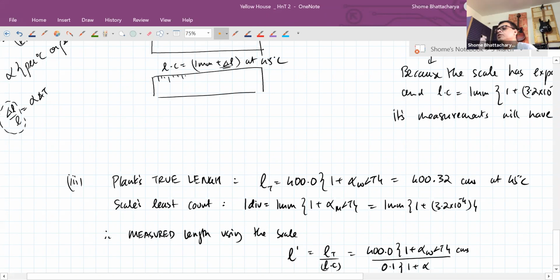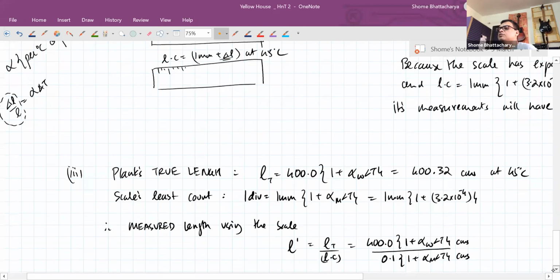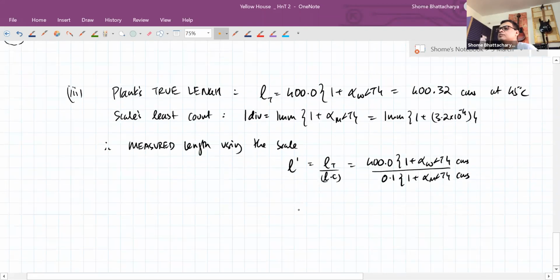So I'm making it 0.1. So this is the measured value, in millimeters, because the divisions are millimeter-wise.